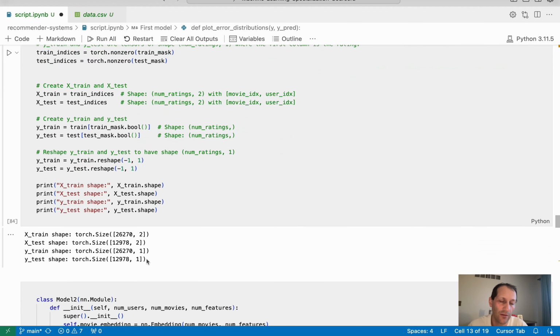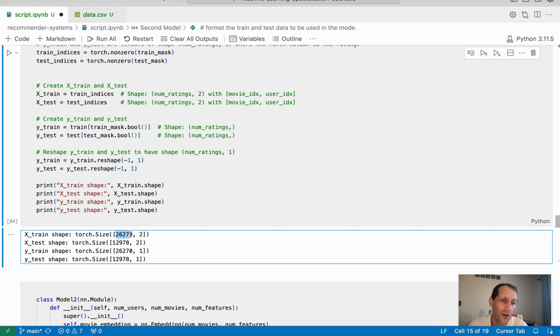I'll just show you the summary of it. I don't remember how many we have, maybe 39,000 non-zero movie ratings. 26,000 are train, 12,000 are test. And if you notice the dimension here, X train has two columns, one for the user, one for the movie.